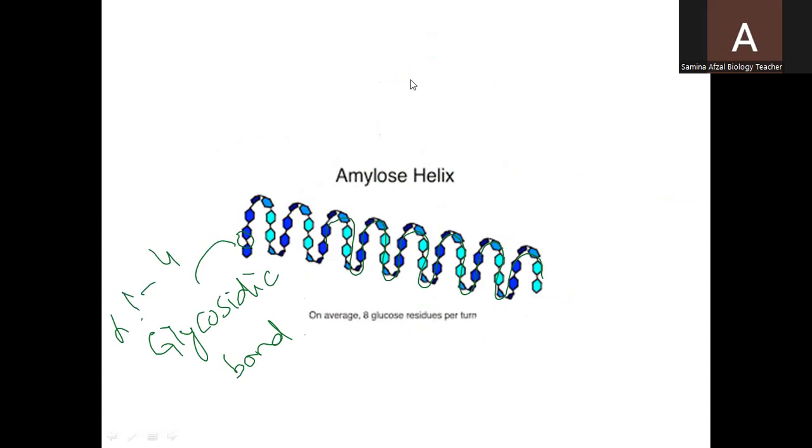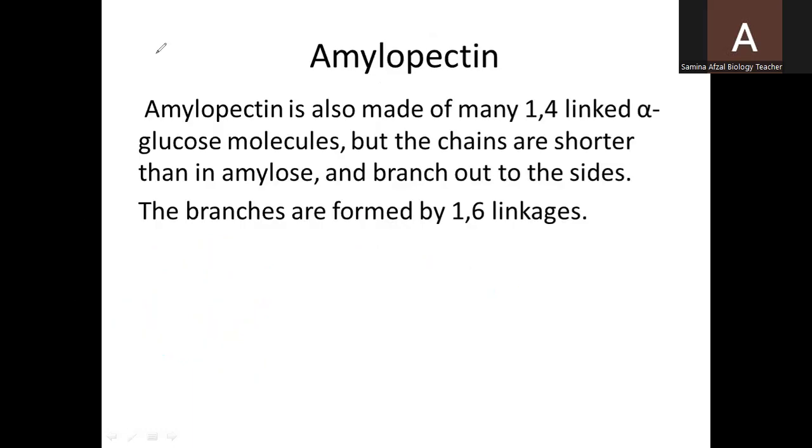The next form is amylopectin, which is a branched form of starch. There are two types of bonds formed in amylopectin. The first is the 1,4 glycosidic bond, in which, as I have told you, one glucose joins with another glucose molecule, carbon number 1 of one glucose molecule and carbon number 4 of the second molecule.